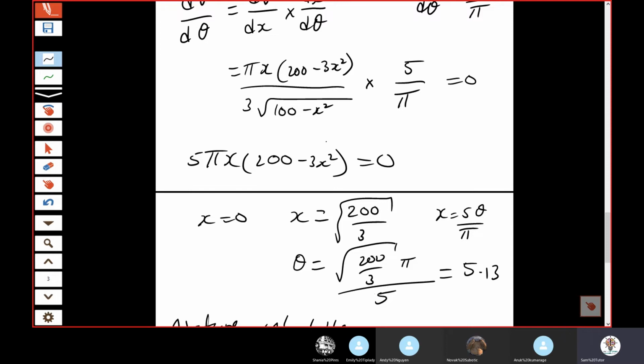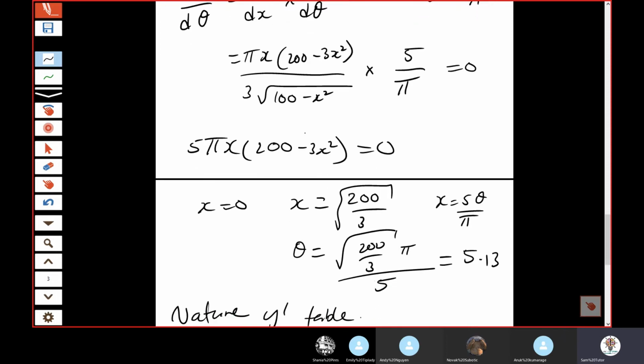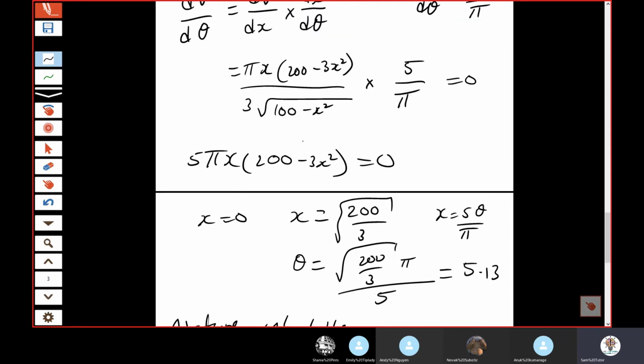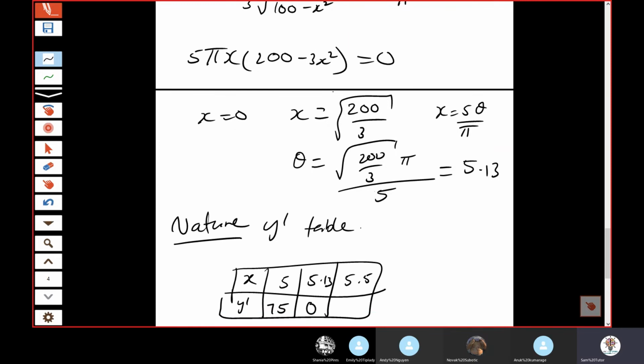What have I done wrong? Did I sub something in wrong? 200 minus 3x squared. I know where it should have been negative 3x. No, something is wrong. X equals this times pi divided by 5.